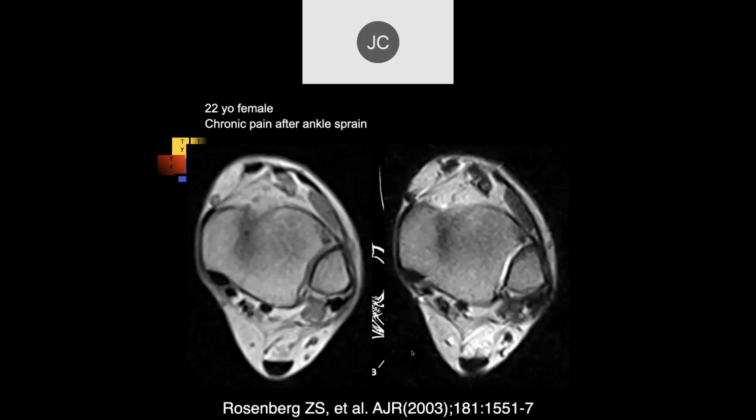This patient had chronic pain after an ankle sprain. Are we seeing some stripping of the retinaculum anteriorly? Well, we can see the retinaculum isn't very black here. Some increased signal intensity there.